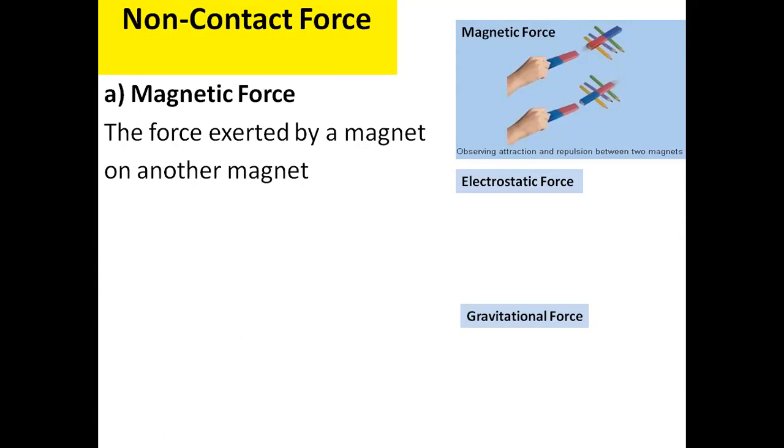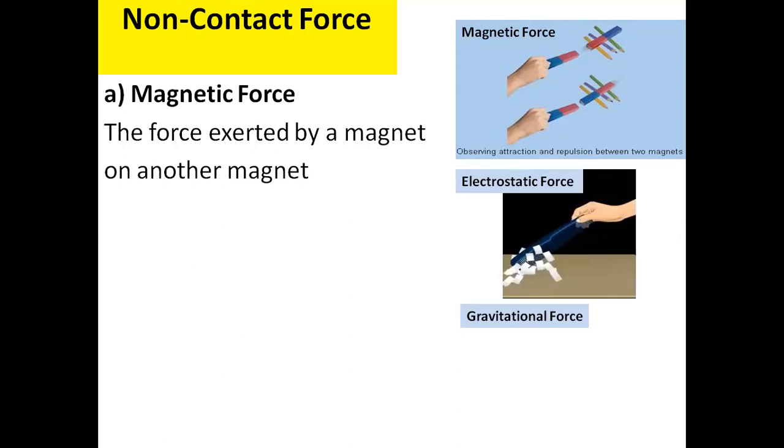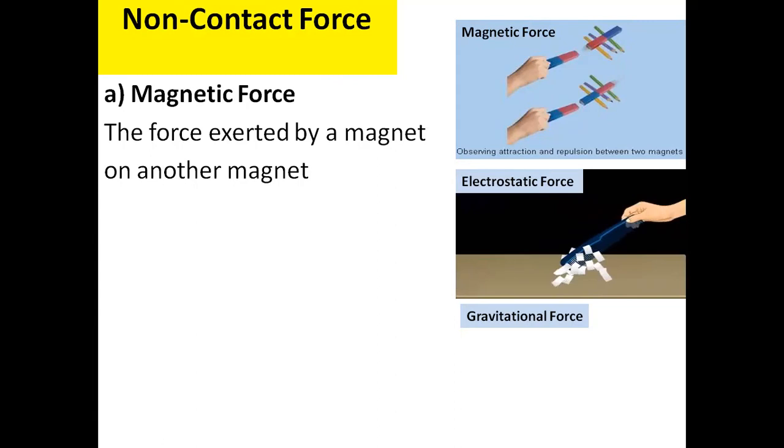The second force under non-contact is electrostatic force. For that, I will give you a classic example. If we make small pieces of paper and we charge a ruler by rubbing it against our hair, what will happen?